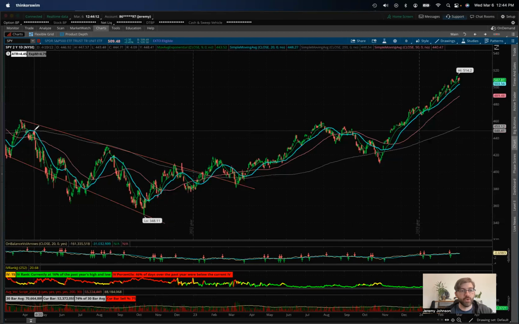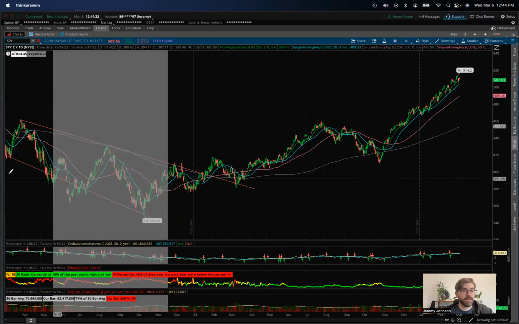So we set a new lower pivot high. Then we came down and price broke below the previous pivot low, kept going, and set a new lower pivot low. New lower pivot high, new lower pivot low, new lower pivot high, new lower pivot low.